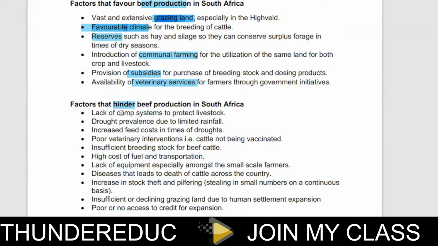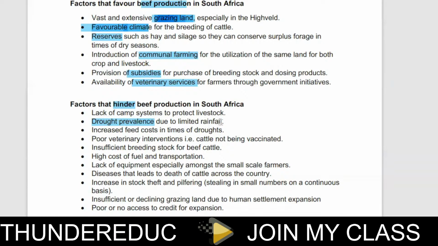Now that's livestock, if they leave them to graze and go into different areas, sometimes they end up not being protected, and this discourages the production of beef. We have drought prevalence. You know that South Africa is basically having the problem of water. A lot of months when there is no water, there is a lot of drought.